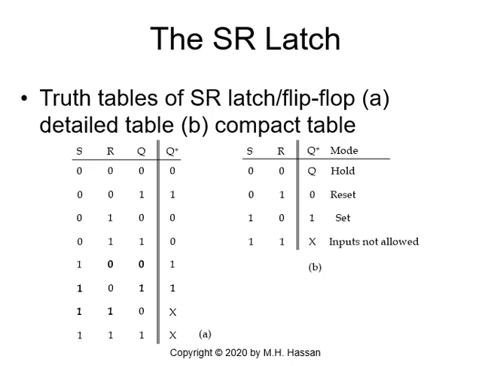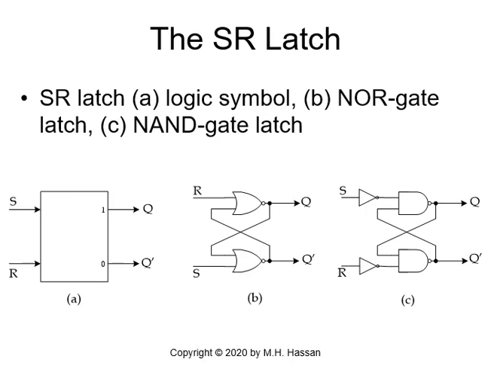Now let's repeat the experiment. We will observe Q at a specific time t to be 1. At this time, if Q is 1, Q prime must be 0. R and S are still both zeros, applied from logical switches.